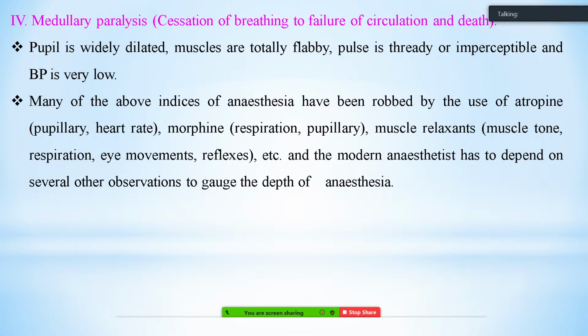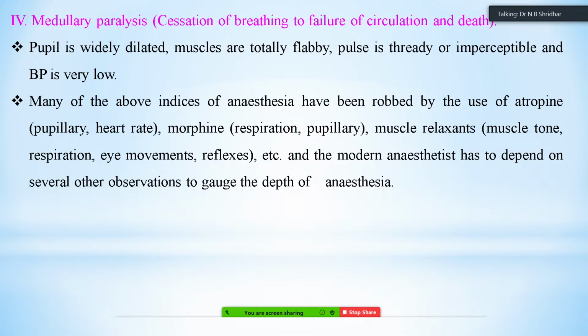The last stage of anesthesia is the stage of medullary paralysis, from the cessation of breathing to failure of circulation and death. Ultimately the brain gets paralyzed and death will be seen. So what are the signs?